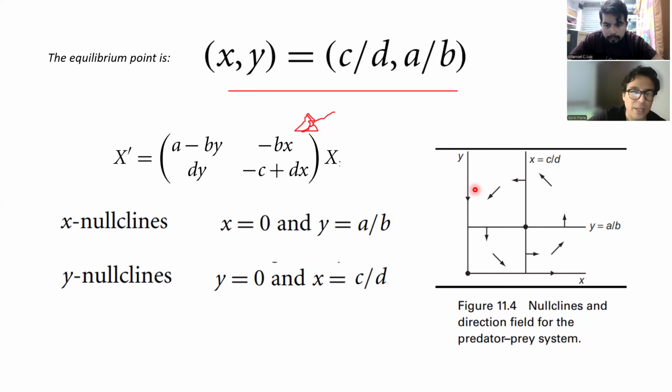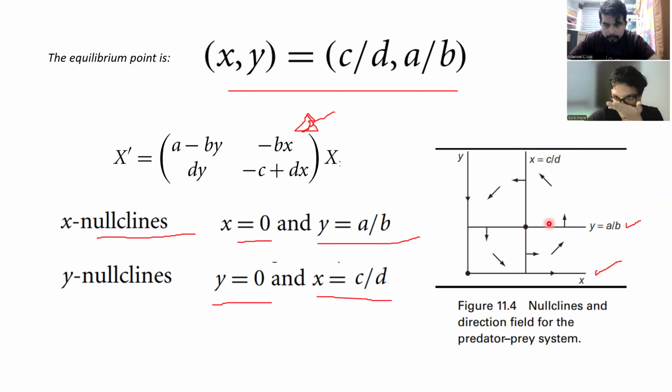So we sketch the nullclines for this system, using what we did before. The X nullcline is when X equals 0 and when Y equals A over B, so we have it here in this graph, and we also have the Y nullcline when Y equals 0 and X equals C over D. That is what we explained before.